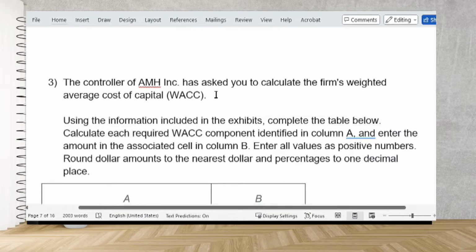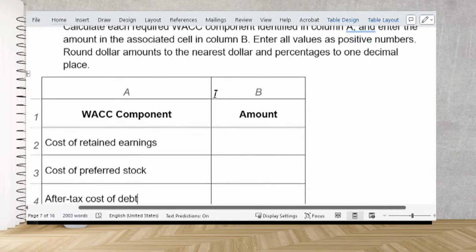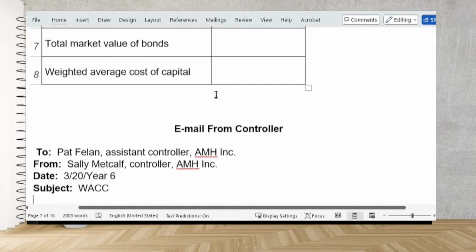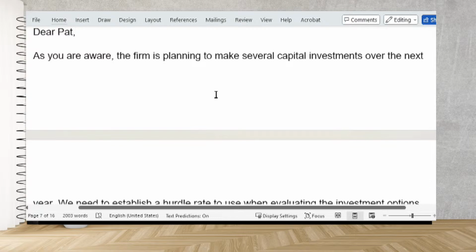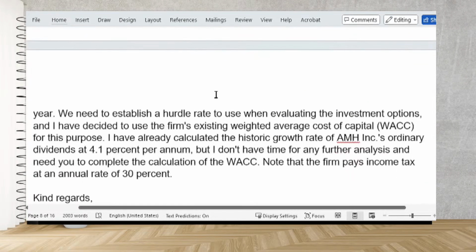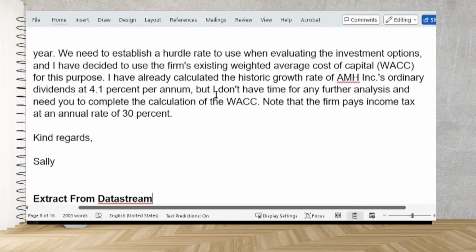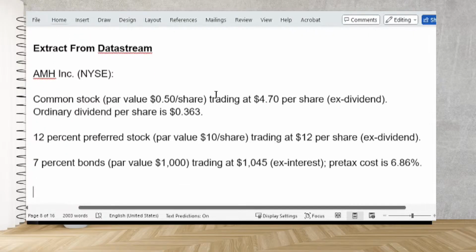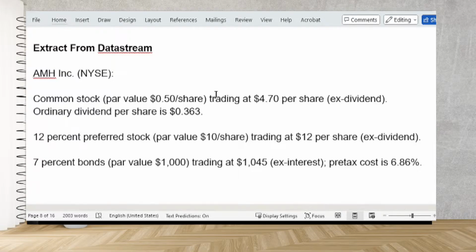So weighted average cost of capital. Okay. So first, the company has a stock.